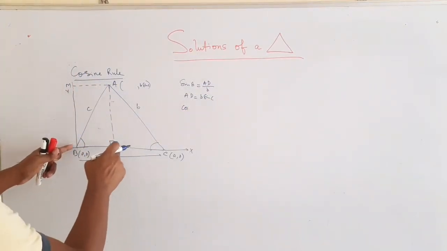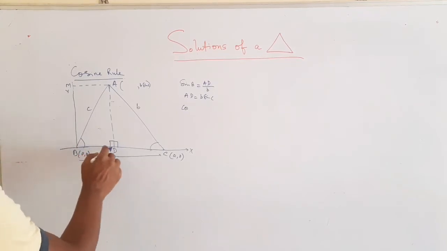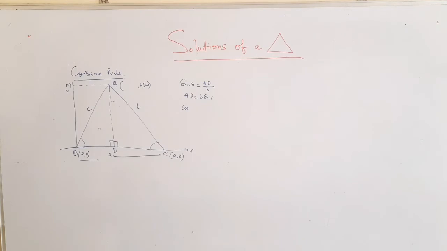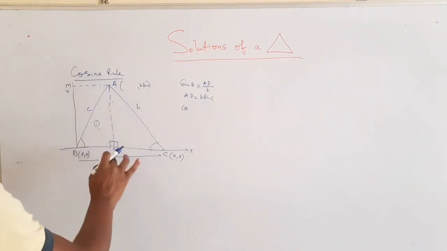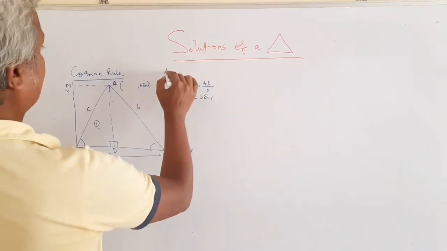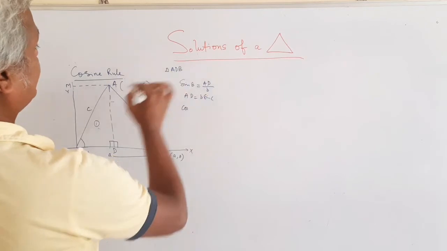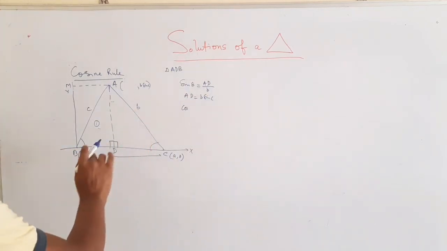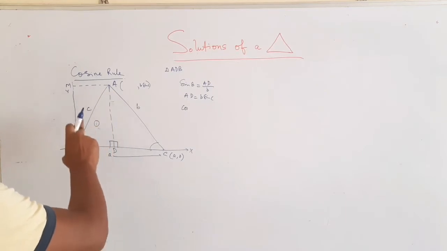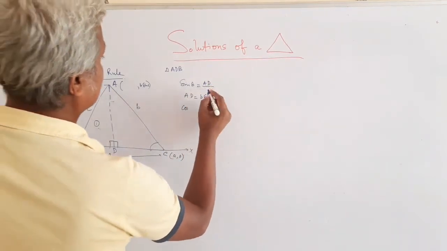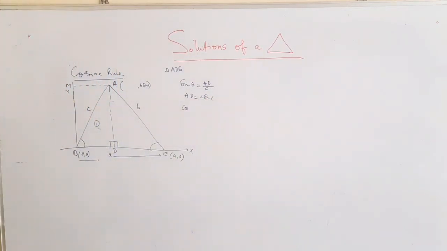I am finding this distance from the origin to the point D, so I need to have this triangle under consideration. This is triangle ABD. So we are dealing with triangle ADB. Sine B is opposite, so AD upon c.